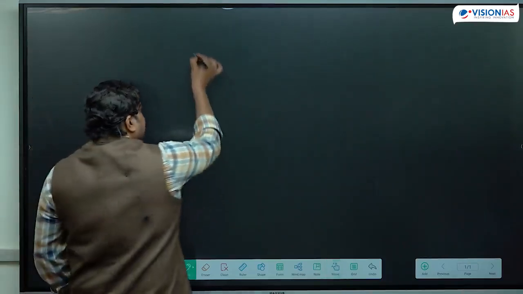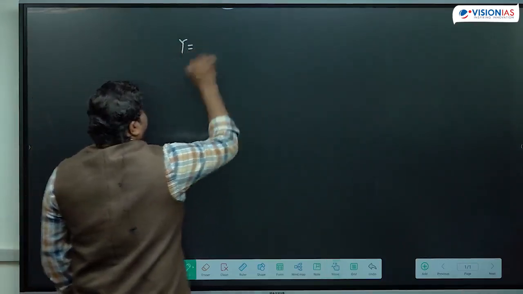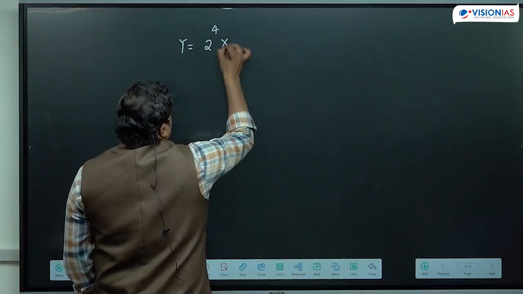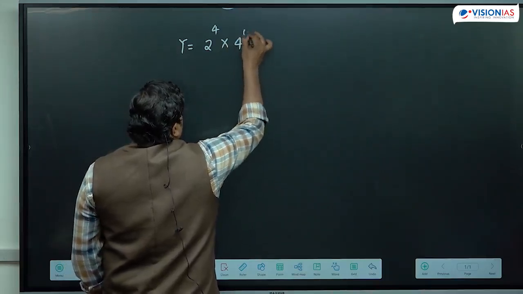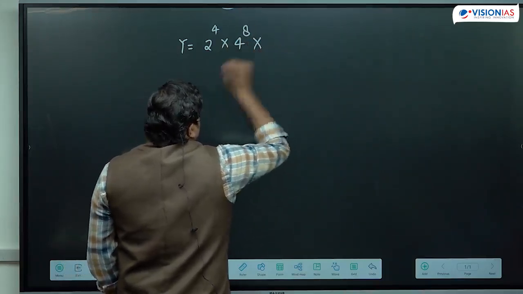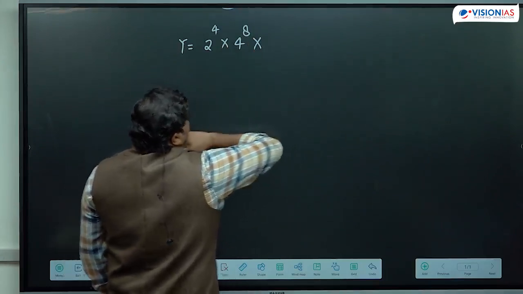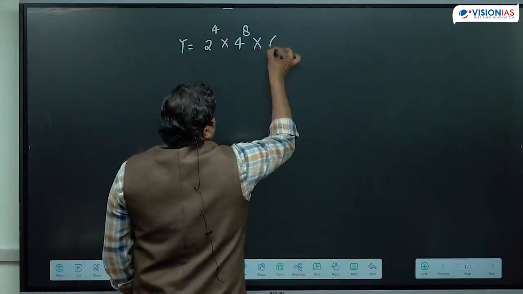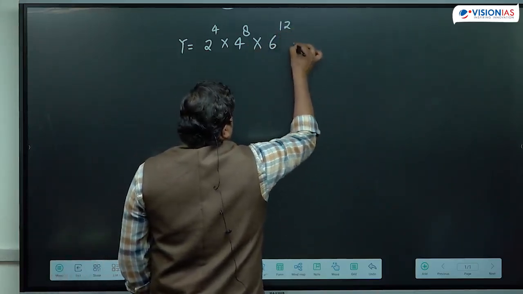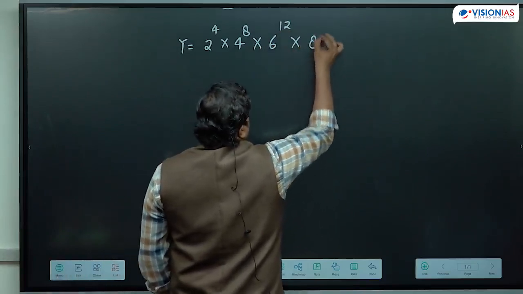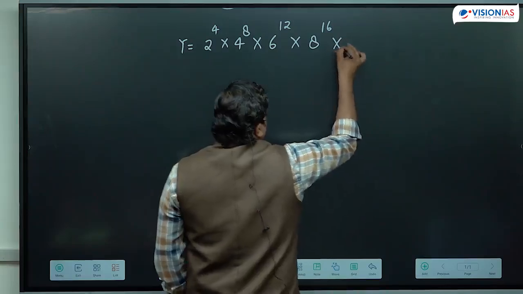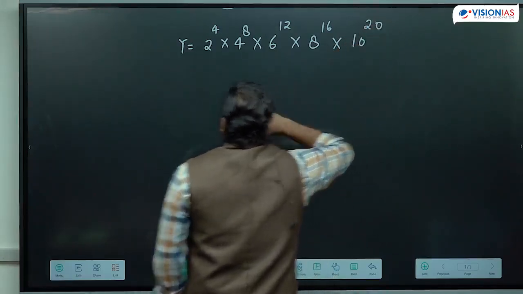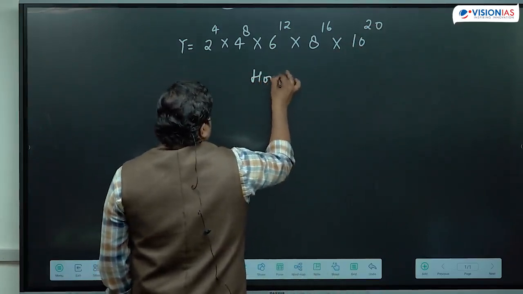If I write this way, 2 के पावर 4 into 4 के पावर 8 into, चलो ऐसे ही लिखते हैं, 6 के पावर 12 into 8 के पावर 16 into 10 के पावर 20. How many zeros are there at the end?